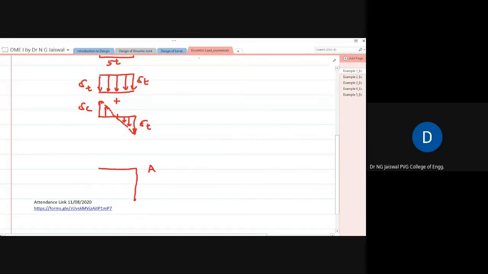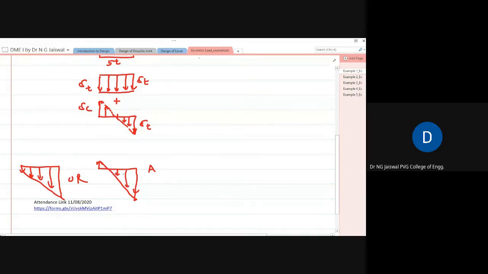Sigma t and sigma c are opposite to each other, therefore you have to subtract. The net result depends on the individual values of sigma t and sigma c. Therefore, you may get this type of figure, or you may get this type of figure. It depends on the individual values of sigma t and sigma c, and their subtraction, net is sigma c or net is sigma t, depending on that. This or this, you may get these two resultant stress distributions.